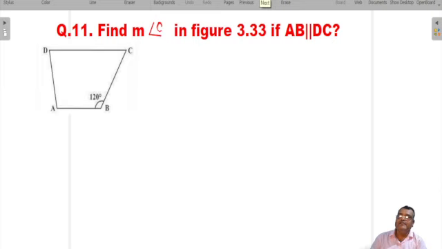Find the measure of angle C in this figure, given AB parallel to DC.